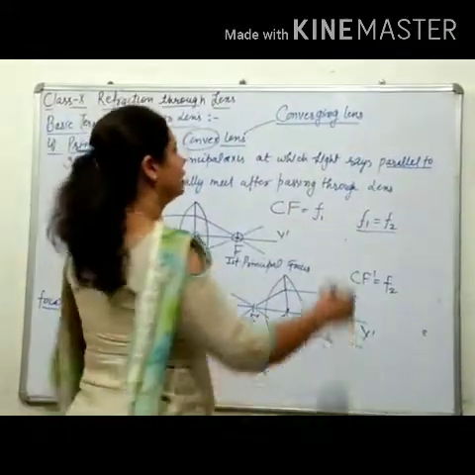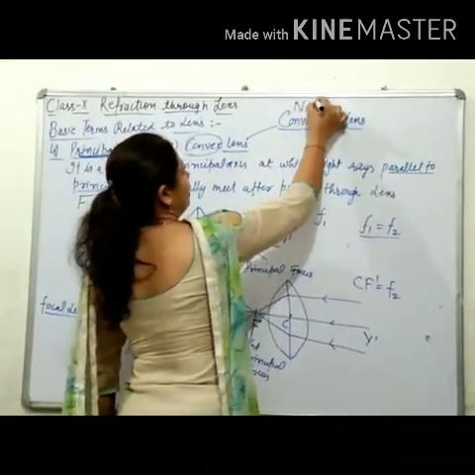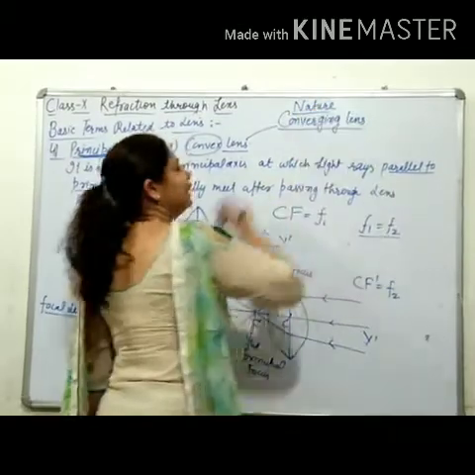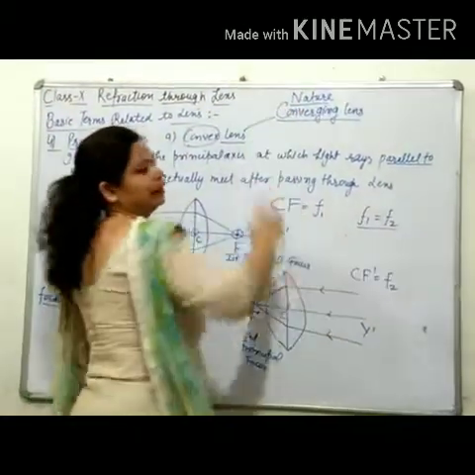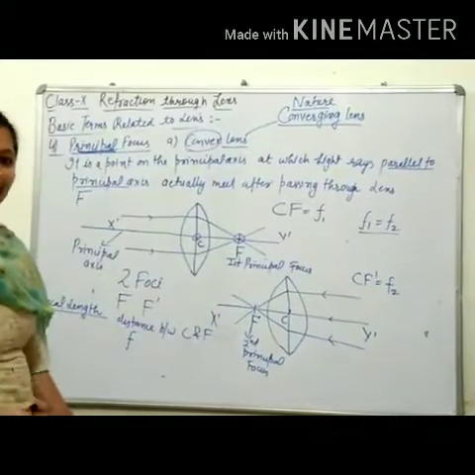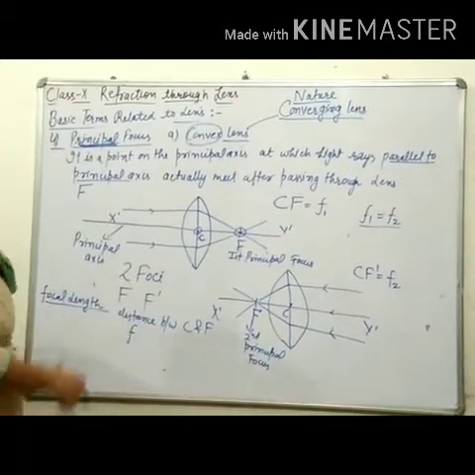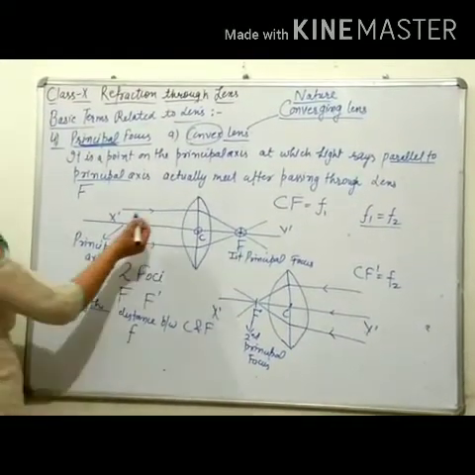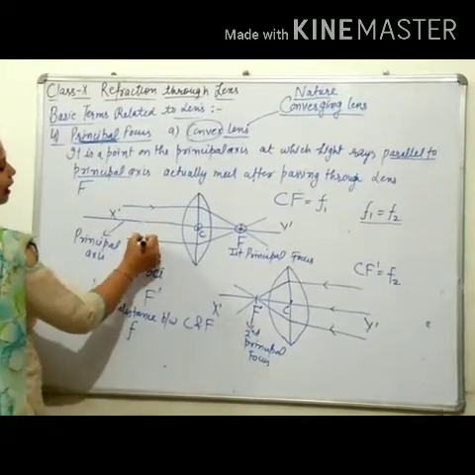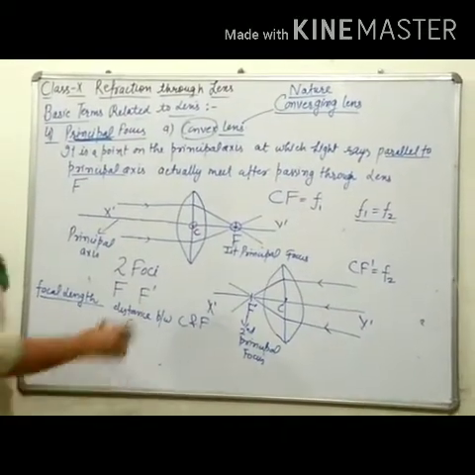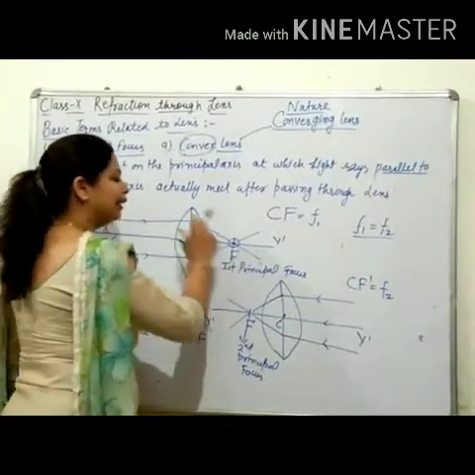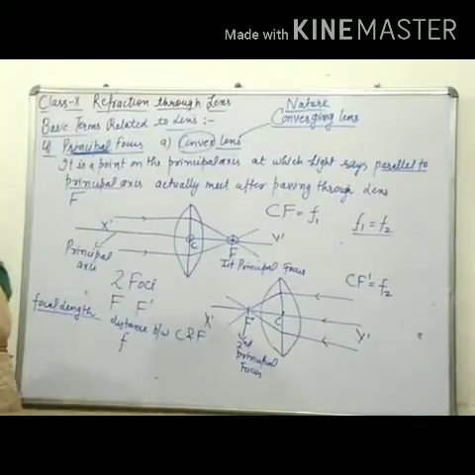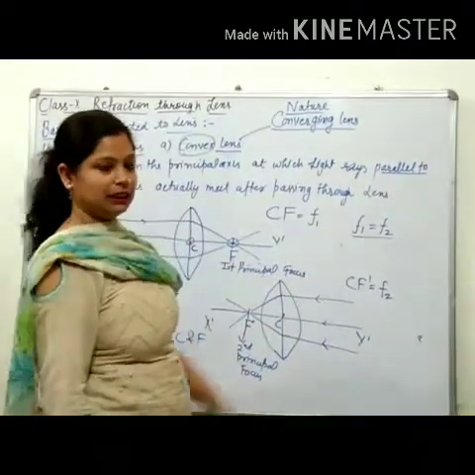So whenever the question is what is the nature of a convex lens, convex lens is converging in nature, because the rays parallel to the principal axis meet at a point when they pass through it.